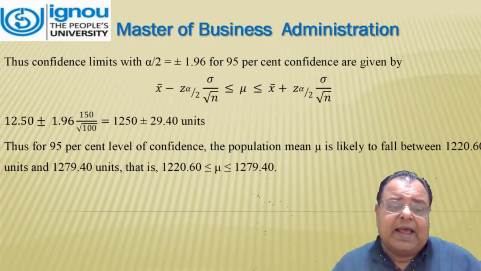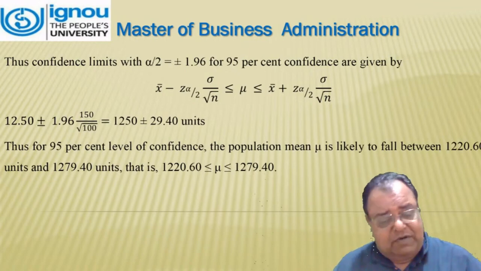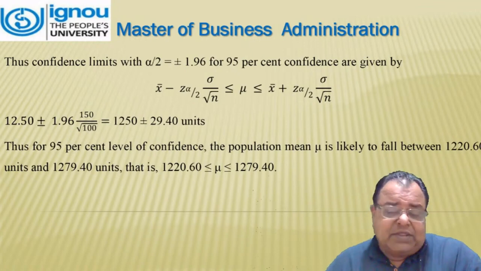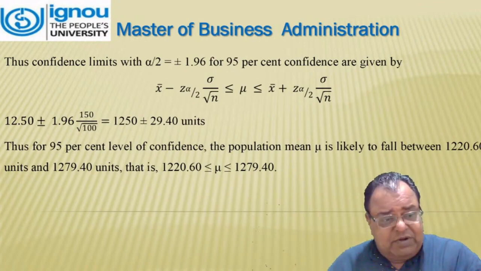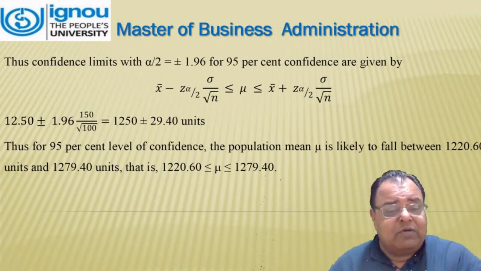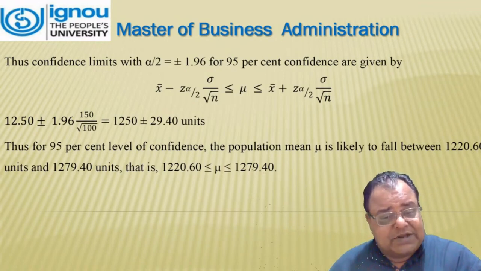That means at a 95% level of confidence, the population mean is likely to fall between 1220.60 units and 1279.40 units. That means we can write it as 1220.60 less than or equal to mu less than or equal to 1279.40.